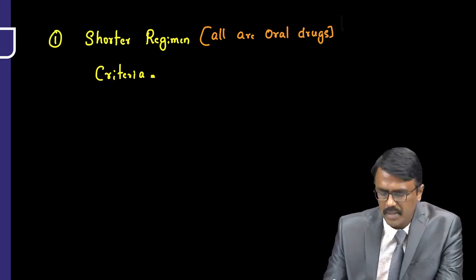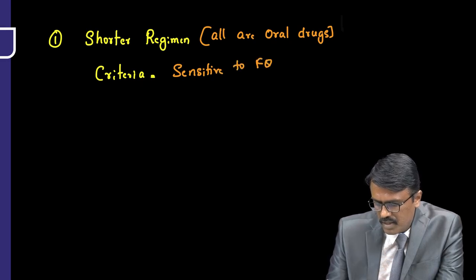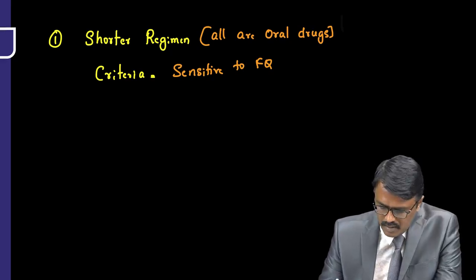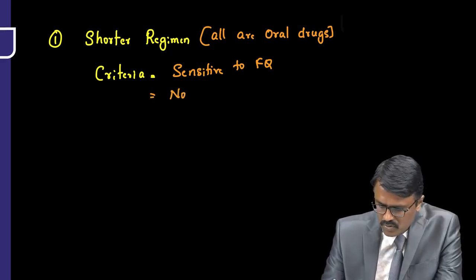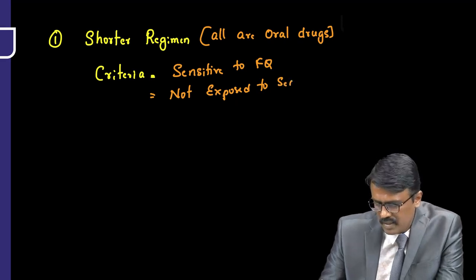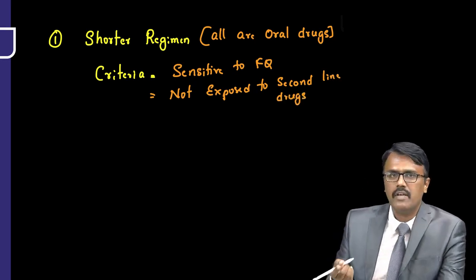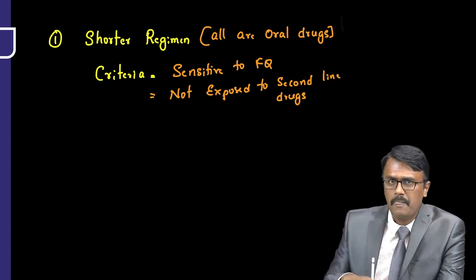Criteria are patient should have the bacilli which is sensitive to fluoroquinolones. Patient should not be exposed to second line drugs, or should have been exposed for less than 1 month.